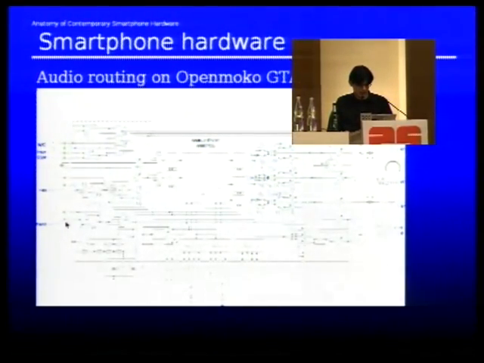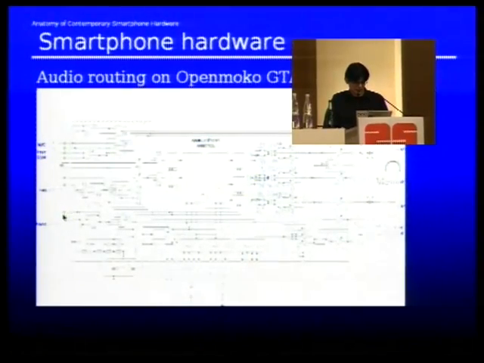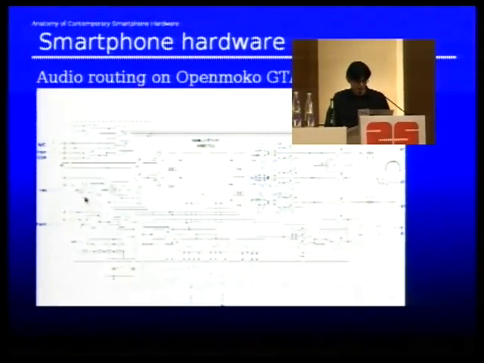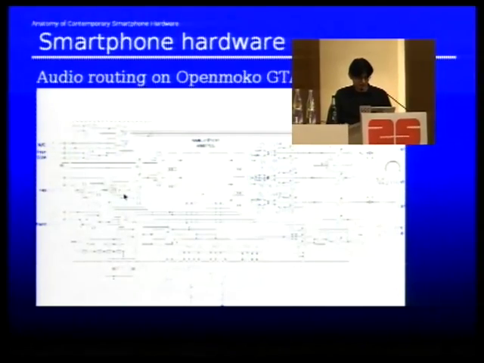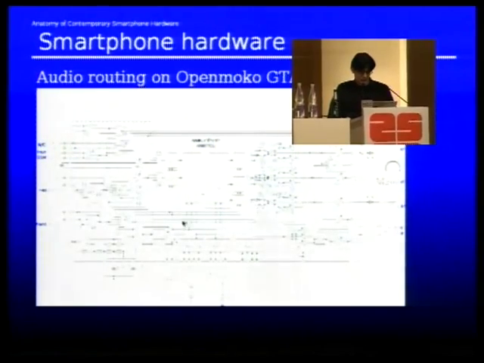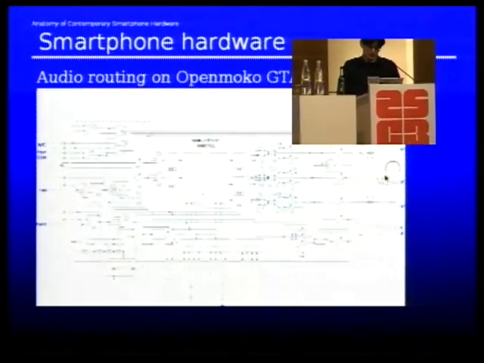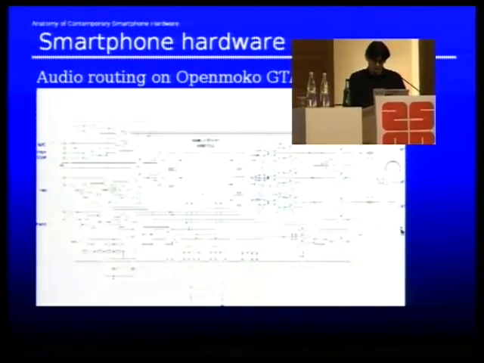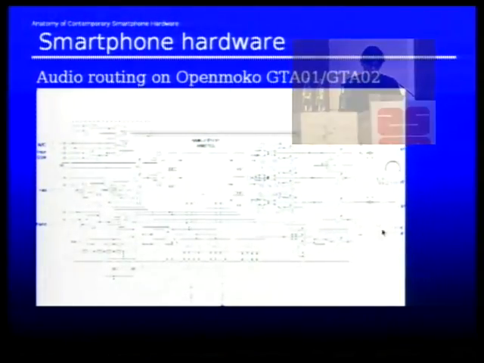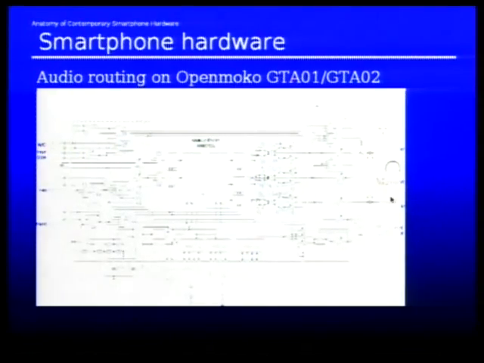The handset microphone is connected here. And then you have various inputs and switches and amplifiers, programmable amplifiers, programmable mixers. Here you have the analog digital converters. And on the right-hand side, you have all the different outputs, like the earphone speaker, the headset speaker, and the earpiece of the handset.